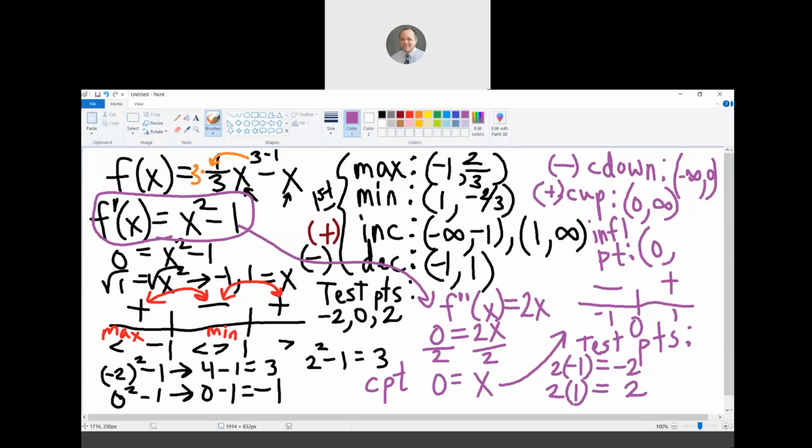To find your y value, you just plug in 0 everywhere you see an x in your original function. So when we plugged in 0 for x, y is also 0. Any questions about what we got from the second derivative test?